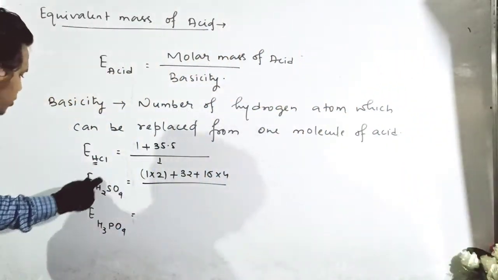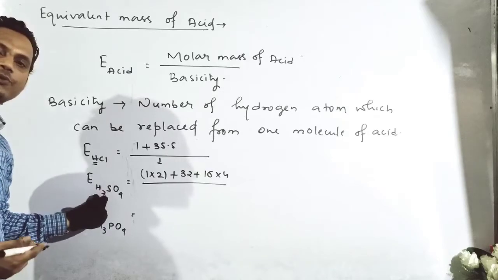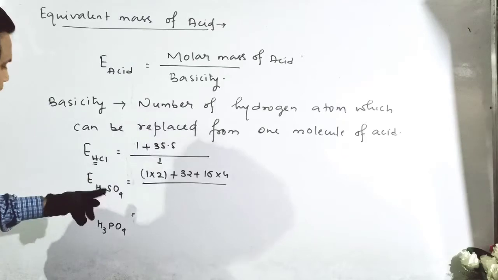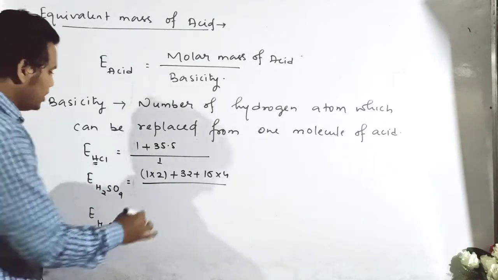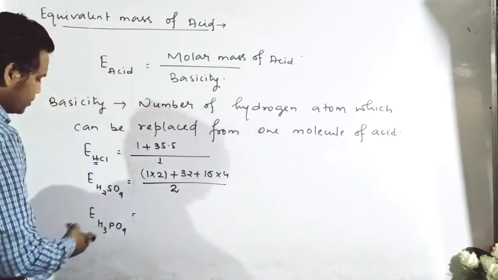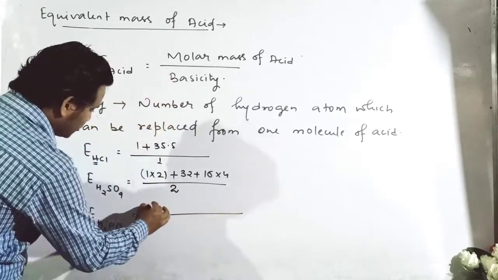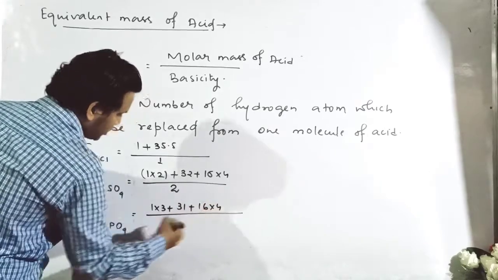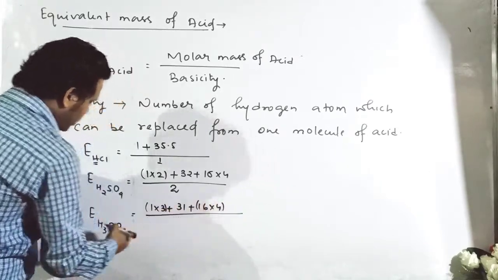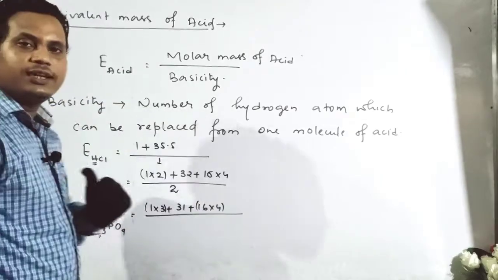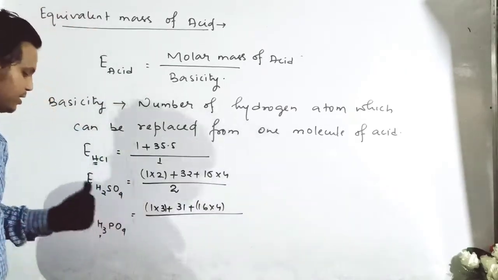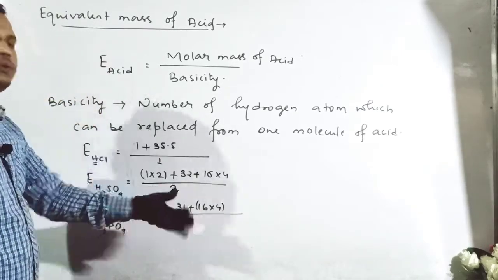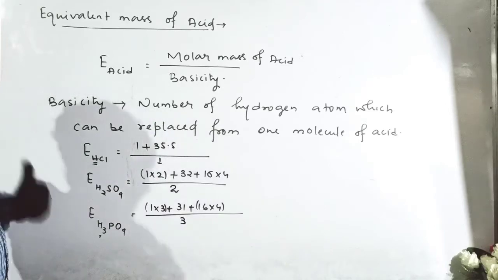So replaceable hydrogen atoms are 2, so its basicity is 2. Here H3PO4: hydrogen 1, 3 times, phosphorus 31, oxygen 16, 4 times. 3 hydrogen atoms are there in phosphoric acid, which it can replace. So basicity is 3. Now you can simplify and find the answer.